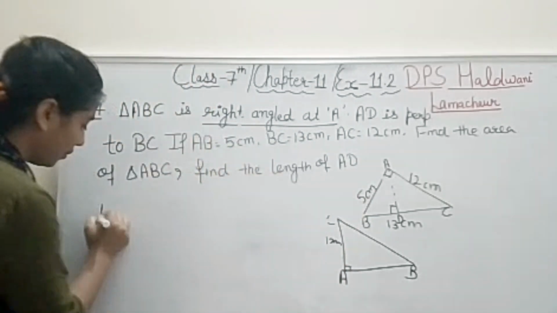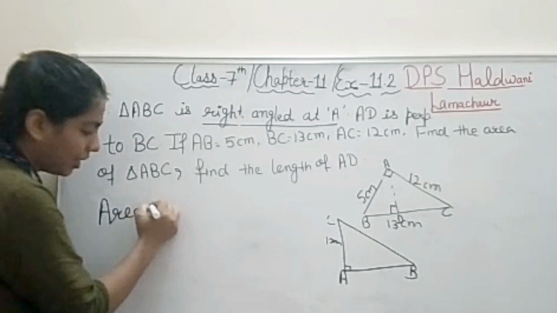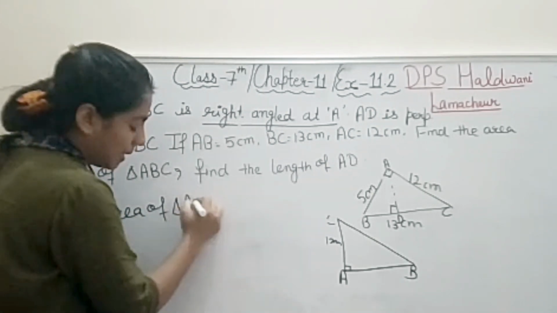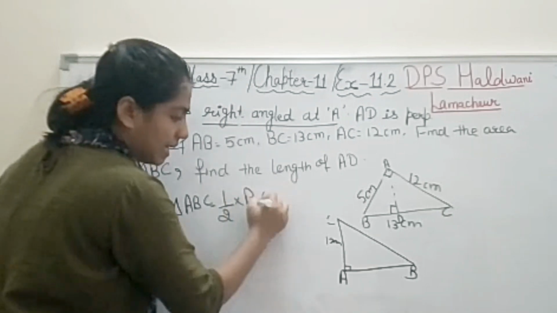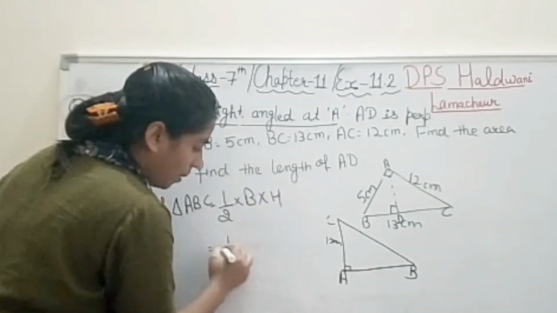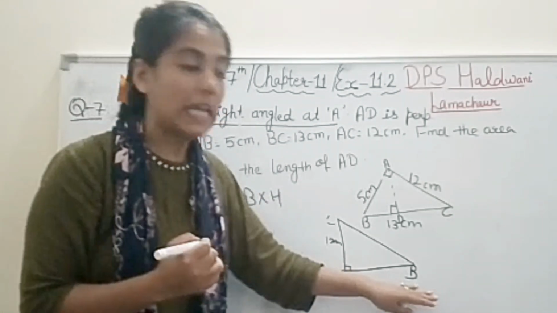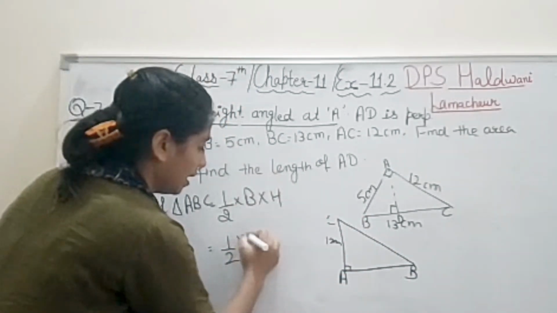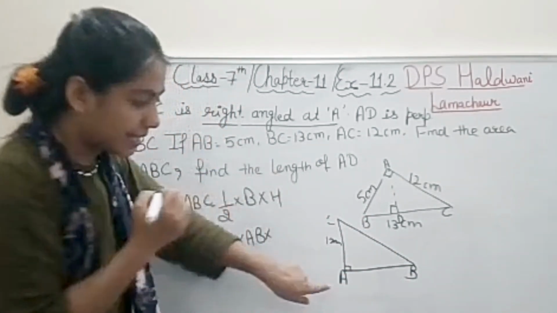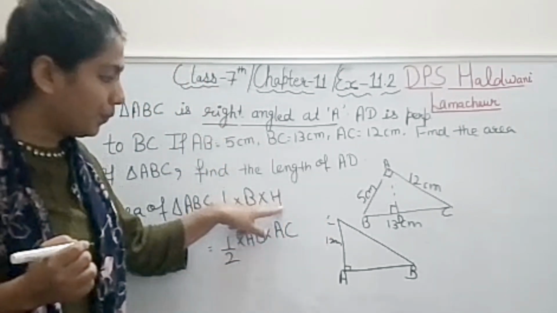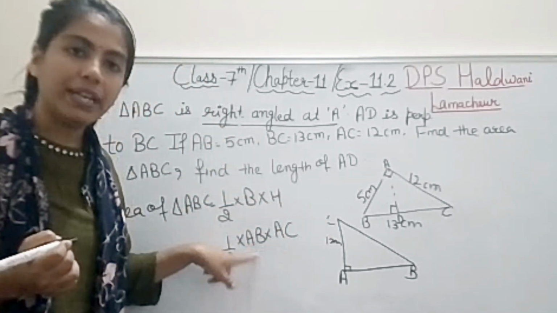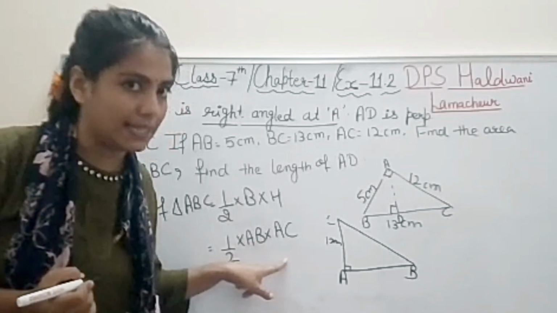So let's take out the area of triangle. Area of triangle ABC is equal to half base into height, right student? What is base? Base is AB. And what is height? Height is AC, right student? If you don't know in such manner, you will write down here what is AB and what is AC, right?